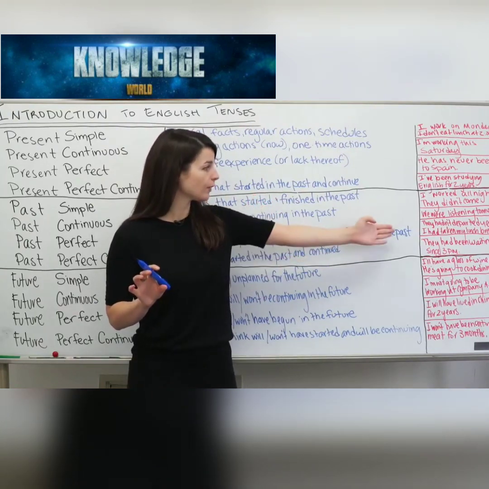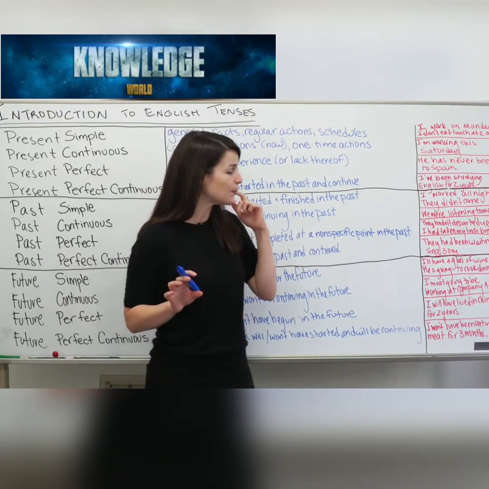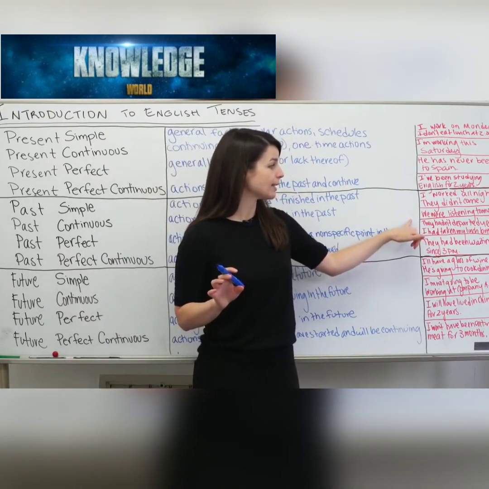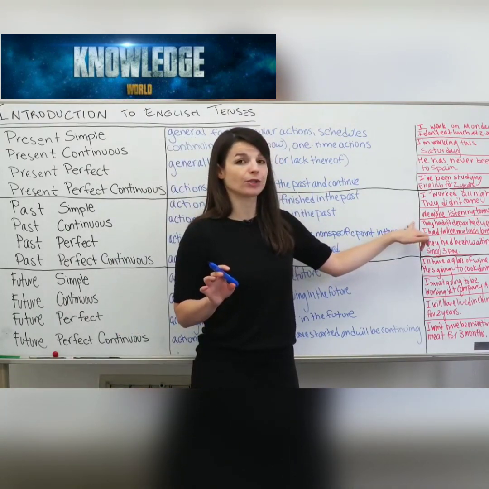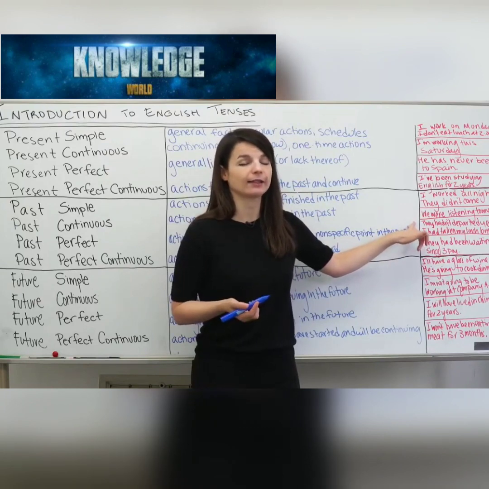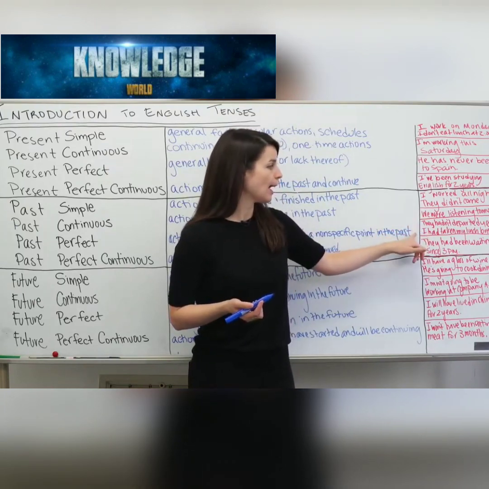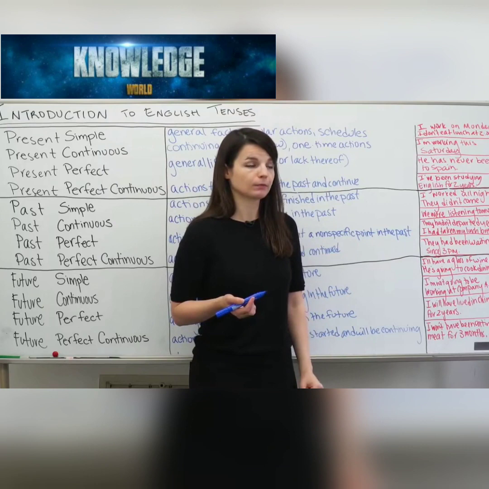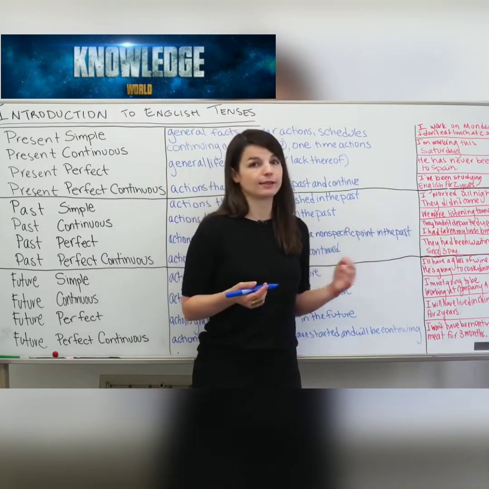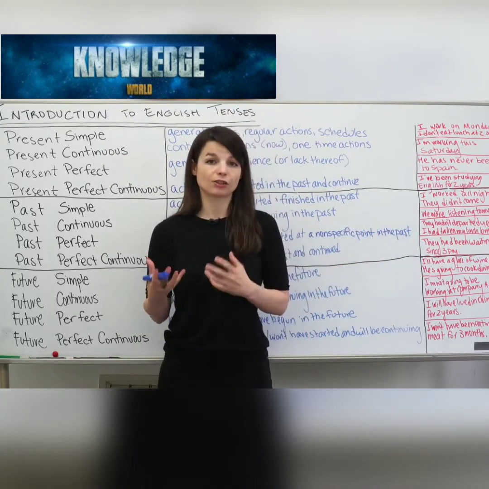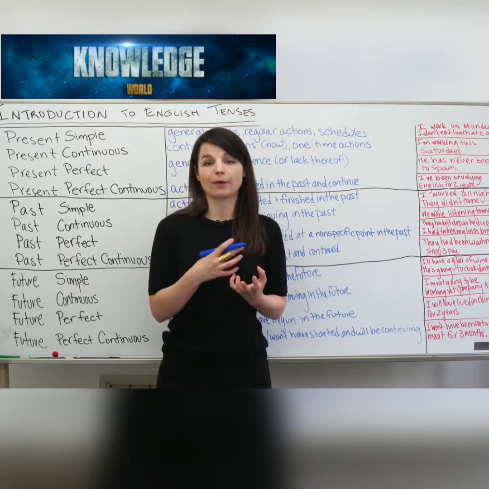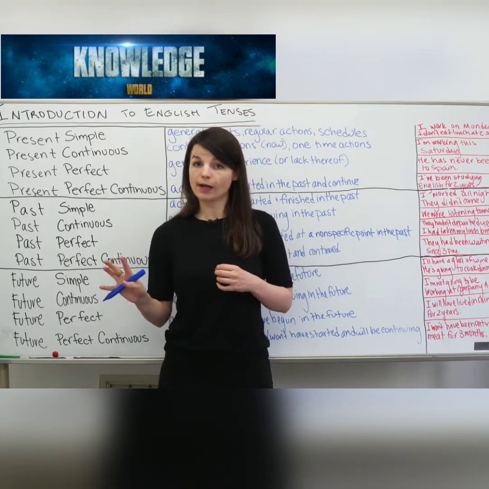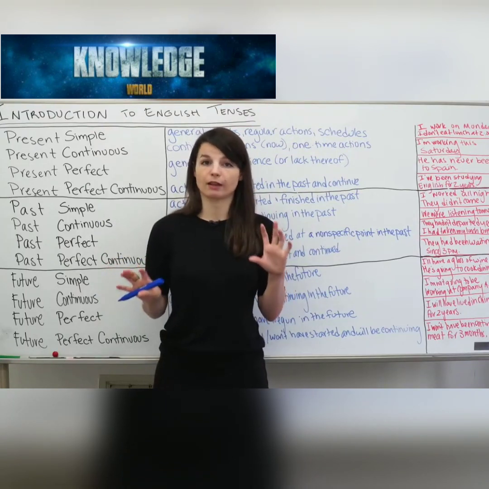So here's a couple of examples. First one, they hadn't departed yet. So here, hadn't is the reduced form of had not. They hadn't departed yet. And I had taken my lunch break. So we would use sentences like these if we're telling a story. So we're telling a story about the past, and we want to show that one action happened before another action.